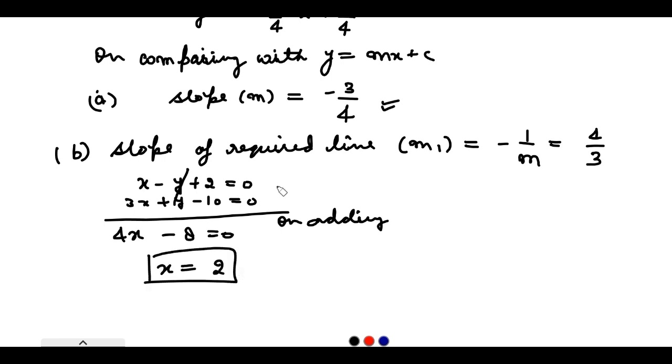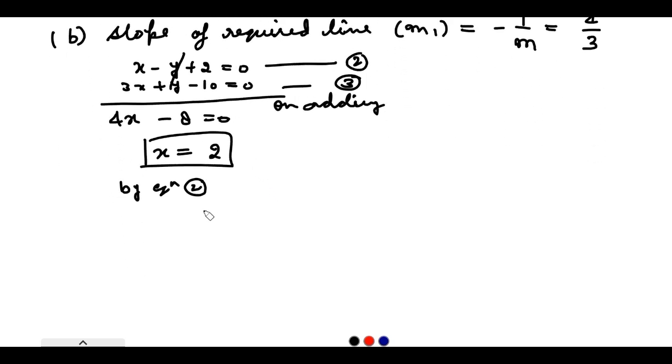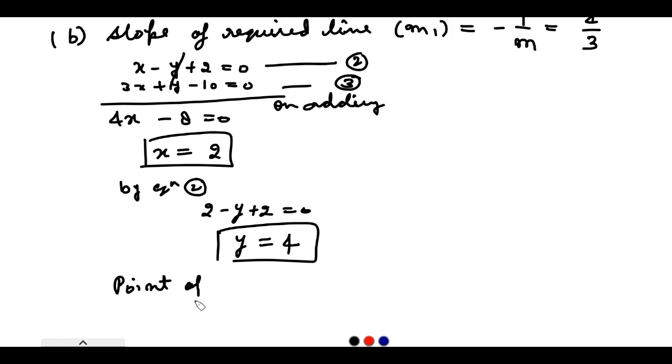Now substitute this value either in equation 2 or 3. X minus y plus 2, 2 minus y plus 2 is equal to 0, means y is equal to 4. Means point of intersection is (2, 4). We have to find an equation of line whose slope is 4 by 3 and passing through this point.